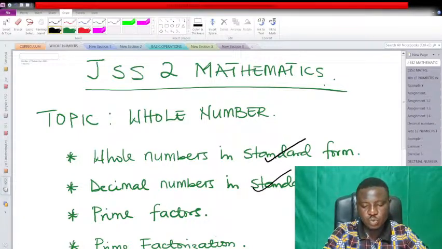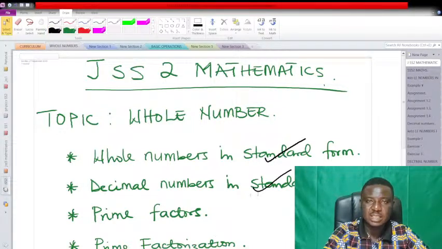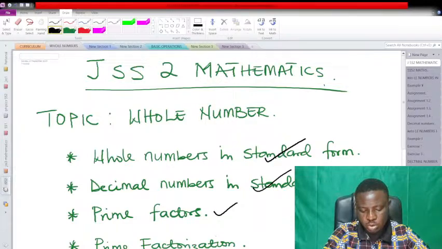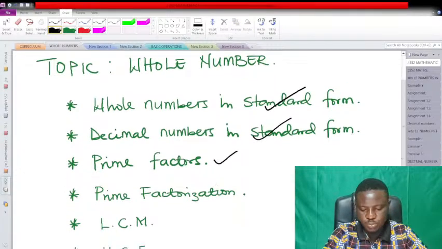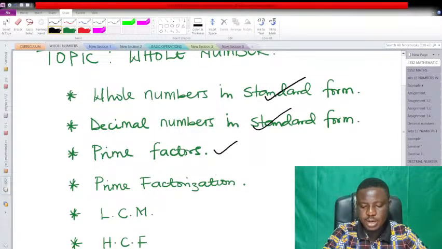We equally looked at the basic laws of indices, and we were able to solve some exercises. So in today's class, we shall be looking at the third subtopic, which is on prime factors and prime factorization. We shall take these two together.